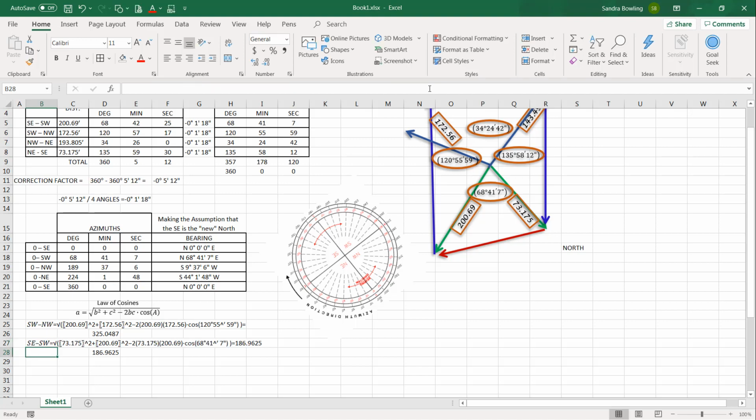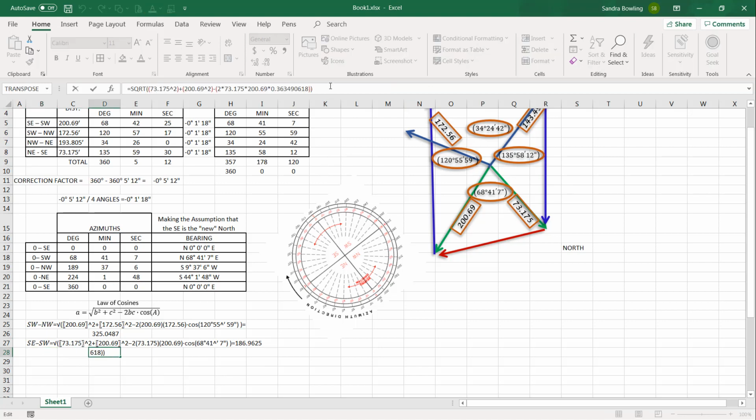Let me fix this. So when I do the math of this, if you look at this equation here, this is how I've written it. Now, if you're using Excel, the cosine of a value is in radians. But I went ahead and changed it and put degrees in this. So you can see I've got the 73.175 squared plus 200.69 squared minus 2 times 73.75 times 200.69 times cosine of 68 degrees, 41 minutes, and 7 seconds.